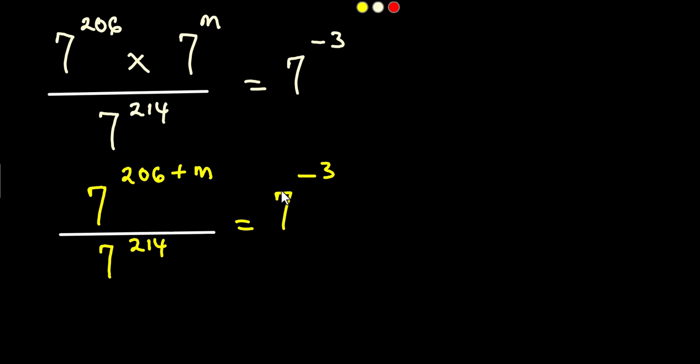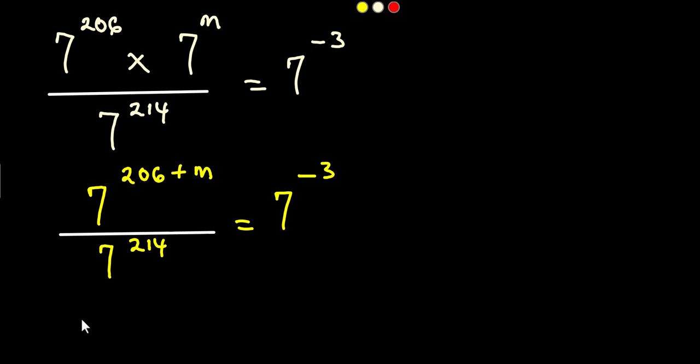So again, what I think we need to do, because this top is dividing this bottom, and when you divide like this in indices, you take one of the base, and of course subtract the powers.